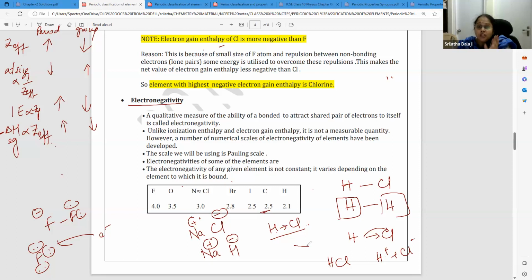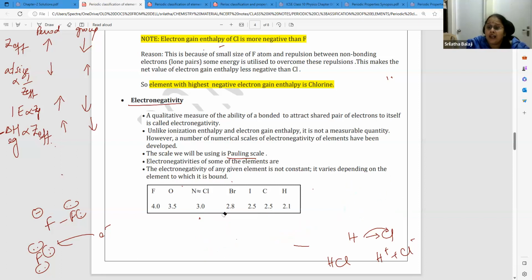Is it clear? The electronegativity scale was designed by many people. One of the successful theories came from Pauling, and currently we are using the Pauling scale. Though you don't remember all the values, at least remember these three elements. You will be applying this a lot.